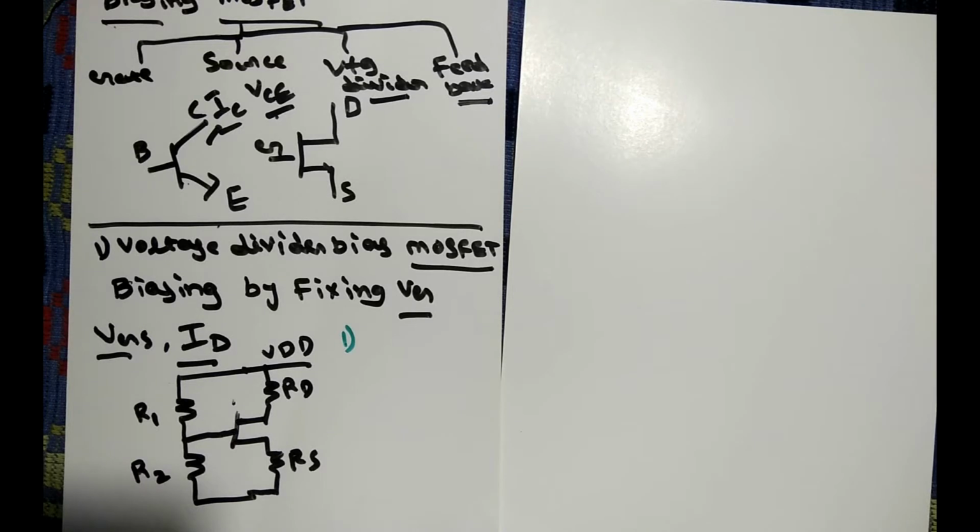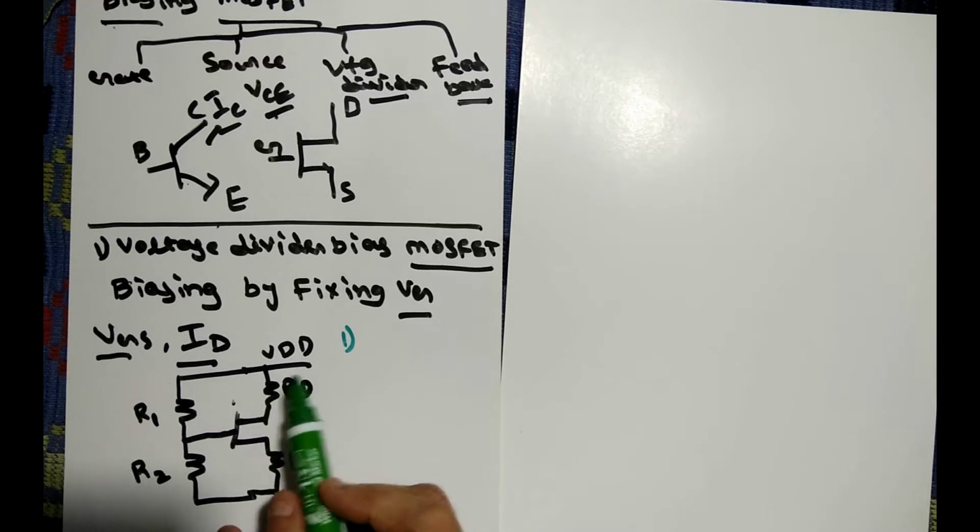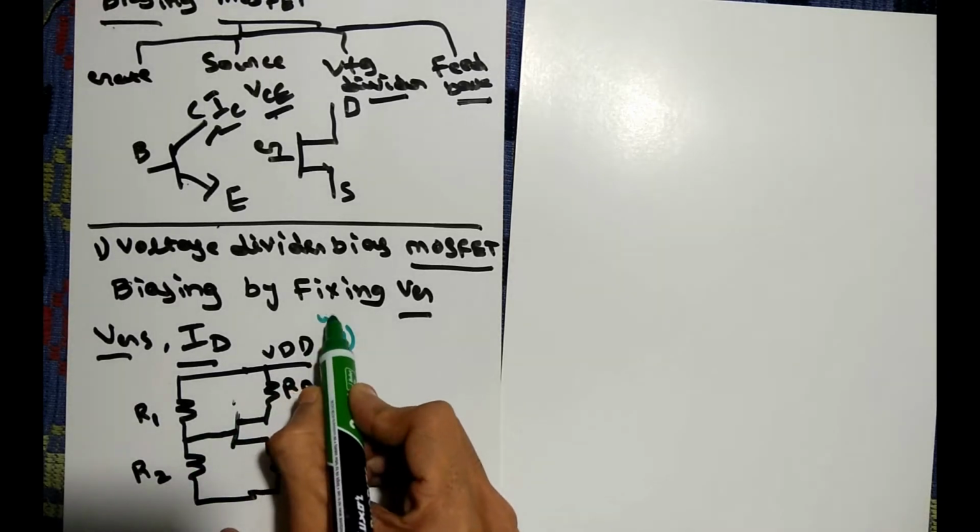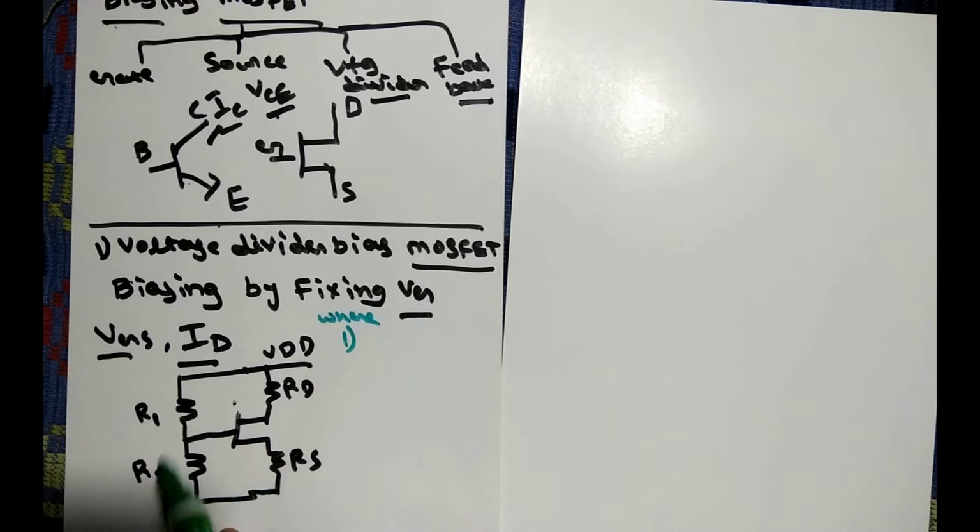And one more thing: previously we had IC, IB and IE currents. Here we have ID, IG and IS currents. We'll discuss more on that. Before going to that, we'll fix whatever things exist. First we can discuss some of the resistances over here.